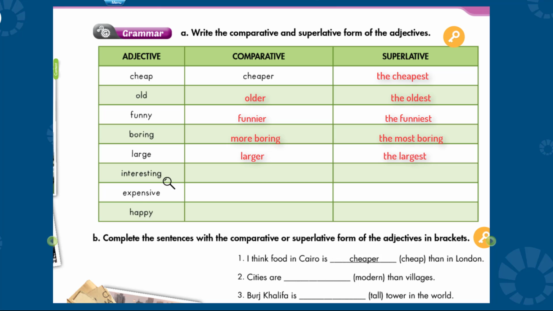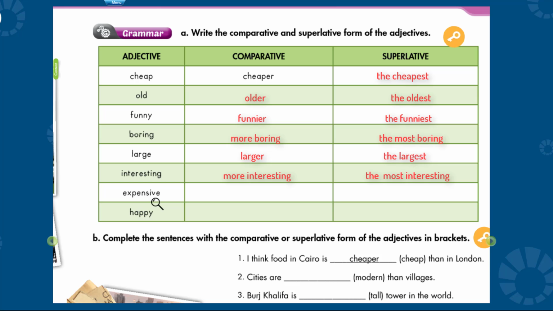Ok, đây là tính từ dài nha, có 3 âm tiết. Như vậy ở trong so sánh hơn thì chúng ta sẽ thêm more interesting. Ở trong so sánh nhất thì chúng ta sẽ thêm cái most, the most interesting, right? Very good.